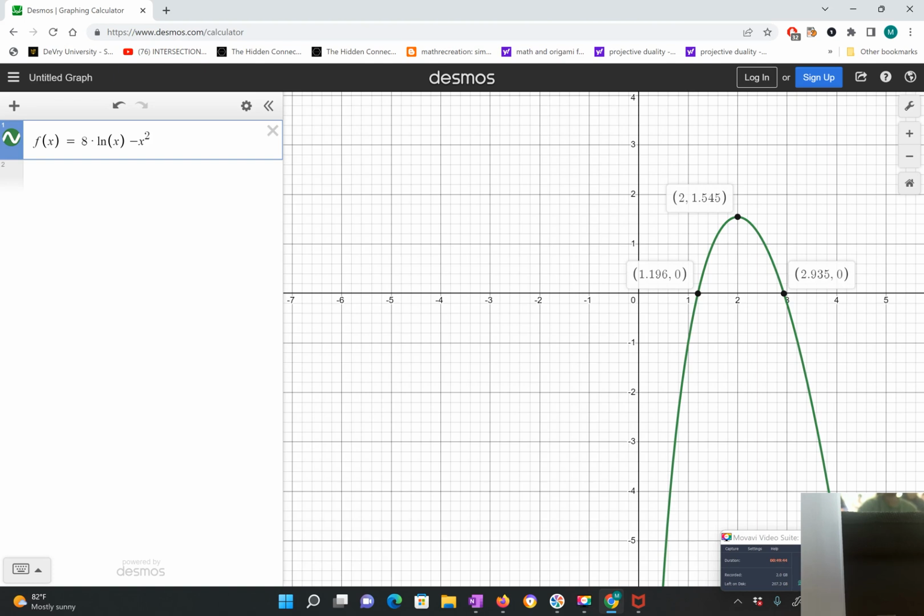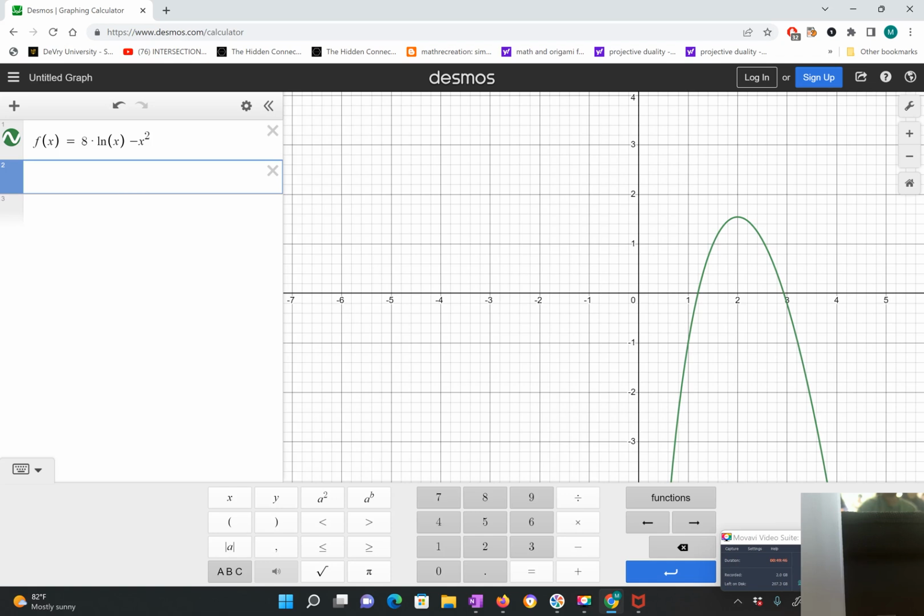If I were to graph the first derivative, let me see if it'll even take it. Whatever, I'll call it g of x. And that is simply equal to 8 over x. Look at what's happening in the background.